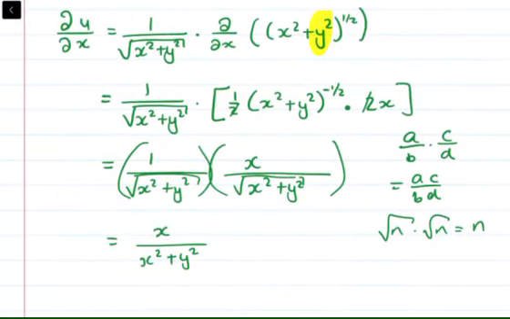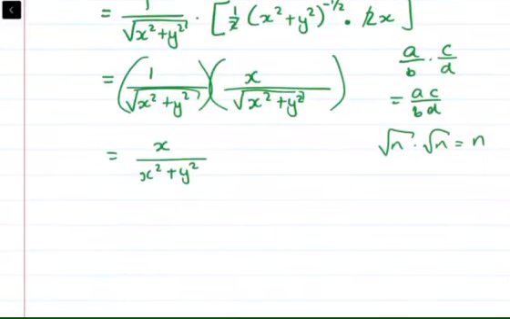Now, to find the second derivative, you'll have to differentiate this one now with respect to y, and then you'll have to differentiate the y one with respect to x. So then the same thing applies for du/dy, and I got y over x squared plus y squared.